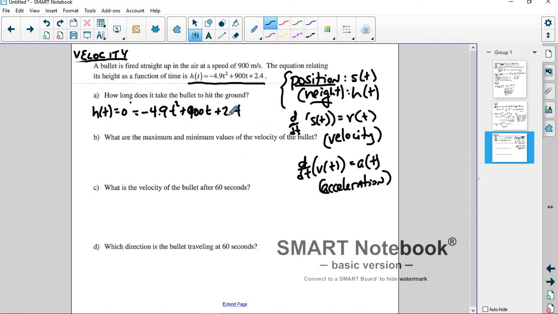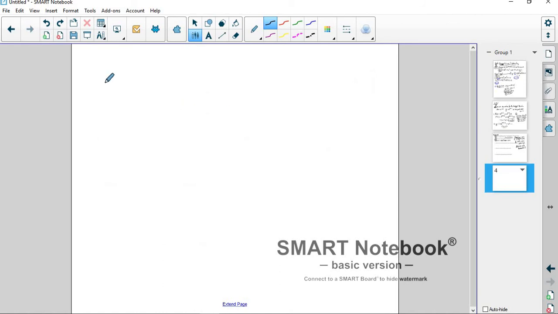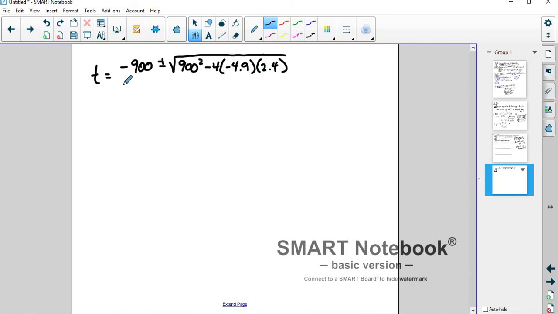I'm going to go to a separate page to do the quadratic formula because it is lengthy. So we get t equals minus b, 900, plus or minus the square root of 900 squared minus 4ac. A was negative 4.9, c was 2.4, and then we get over 2a.